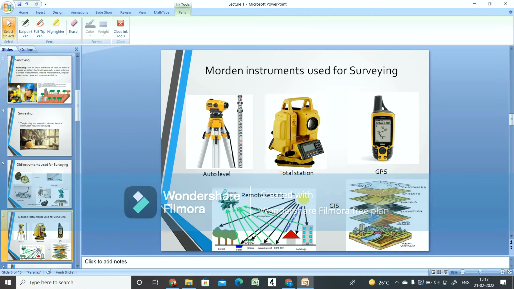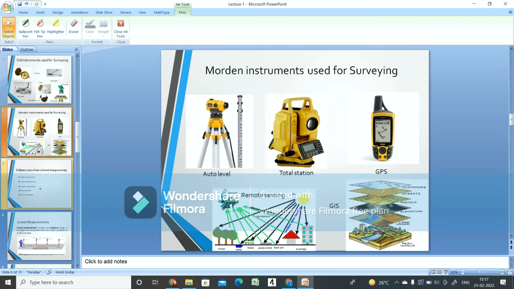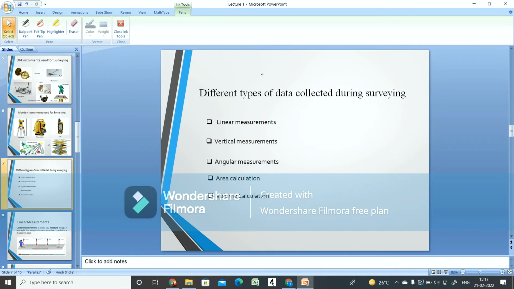Okay, now the next thing we will discuss is what type of data we basically collect in a survey. The first one is linear measurement, second is vertical measurement, third is angular measurement, then area and volume calculation.